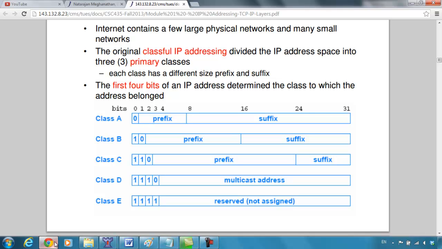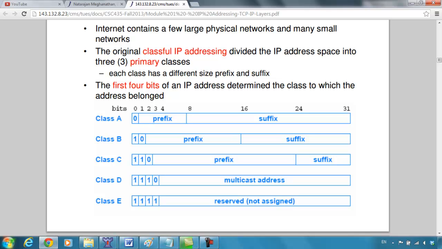Now, for class A, the first bit is fixed to be 0. So you really have only 7 bits to play with. Then for class A, all those 7 bits cannot be all 0 or all 1.